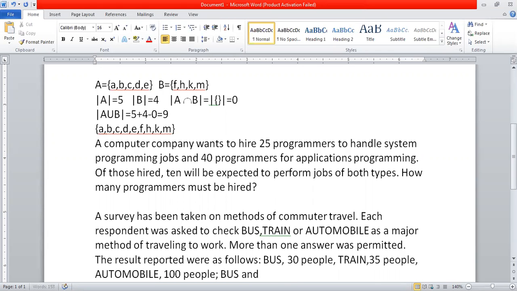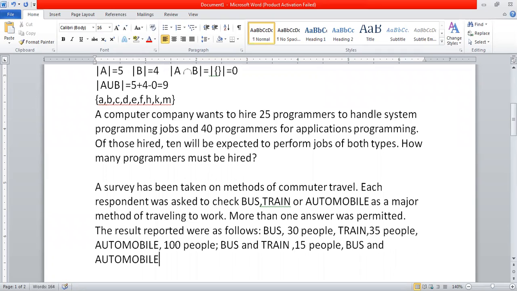Bus and train, 15 people. Bus and automobile, 15 people.